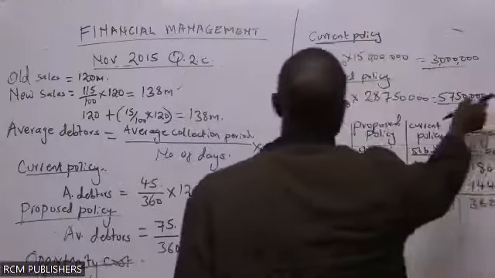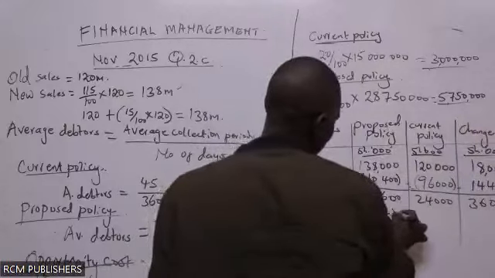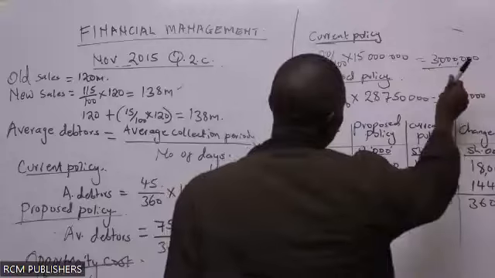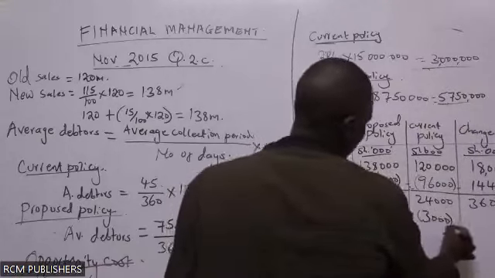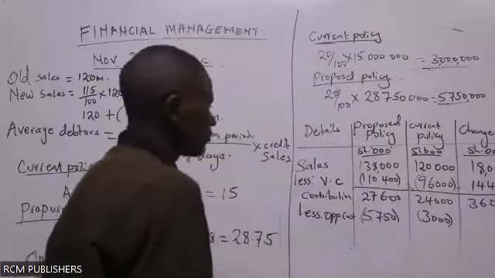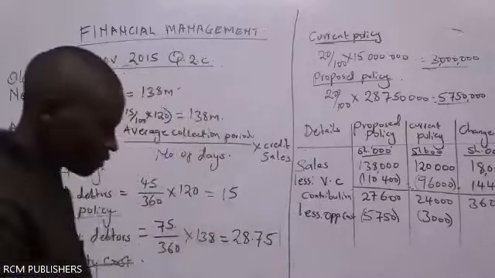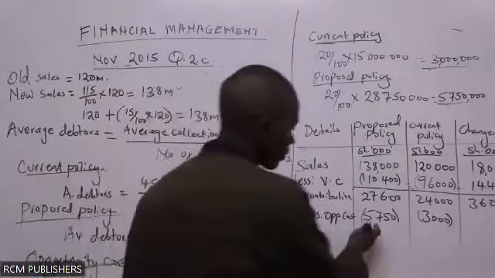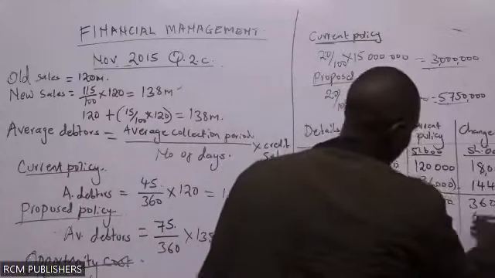I have for the proposed policy 5750, then 3,000. Inapatia ngapi? 5750, your difference. Give me the change of that. Is it 2750? Yes, you can see here 750.